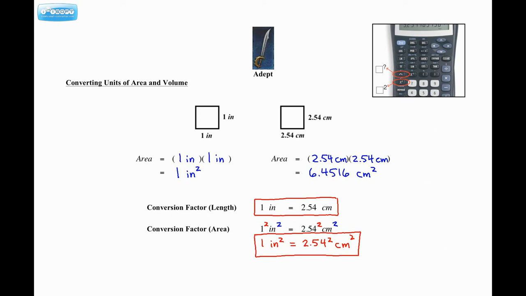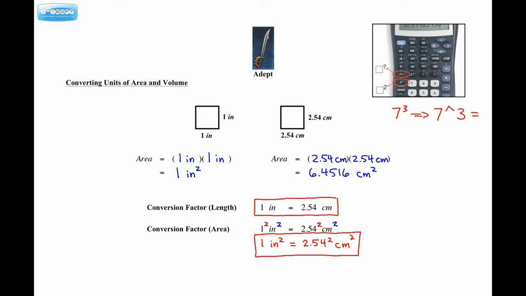If you want to raise a number to a power other than 2, you could use this button. It kind of looks like a little hat. So this requires you to give it the exponent. Let's say you wanted to do 7 to the power of 3. What you'd push on the calculator is 7, hit that button, the number 3, and then you'd have to hit equals, and that would give you your answer.